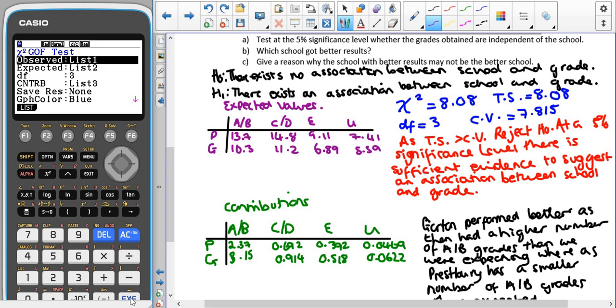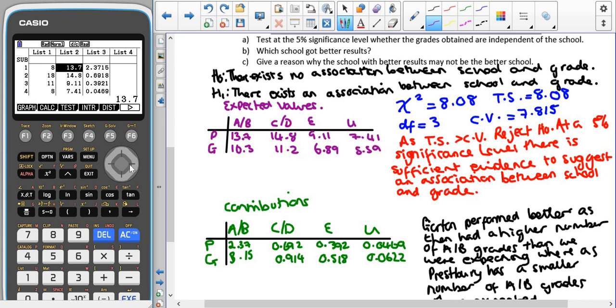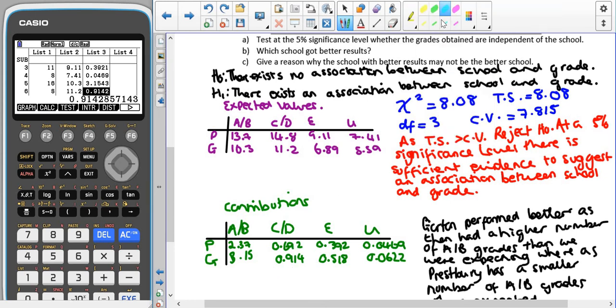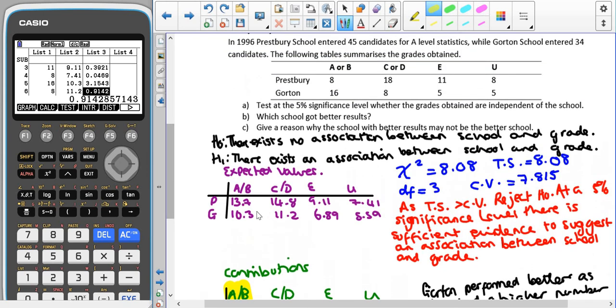There should have still been that the A/B ones were the biggest contributors, and remember that that fills out automatically your list 3 with the contributions that you need to write down. And we can see from this that it was the A, B grades that made the biggest difference. So that means that Gorton, A/B, well, we were expecting them to have 10.3, but they actually got 16.